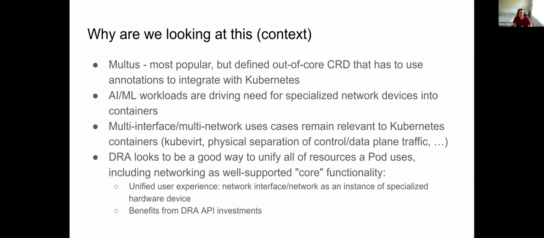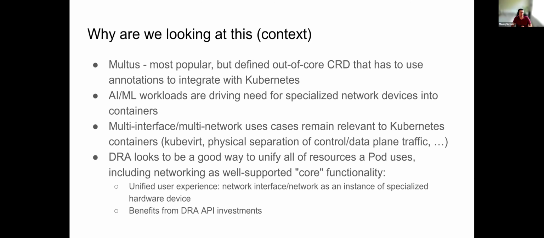The one pain point with Multus today is that it created an out-of-core CRD. And the way it integrates with Kubernetes is always via annotations, whether it's how you select the network or how they provide the status.